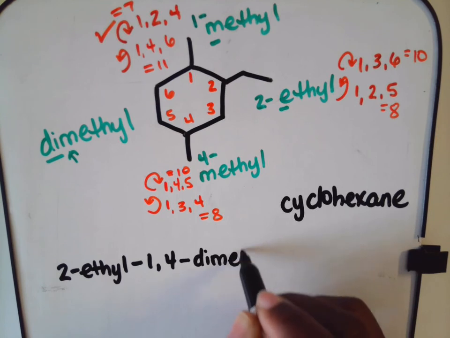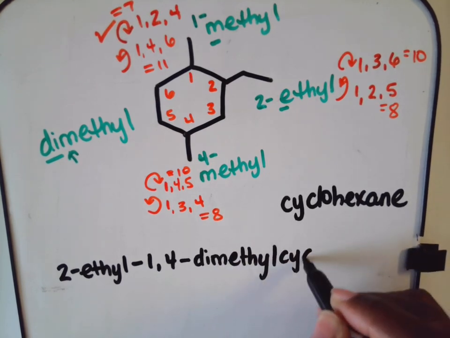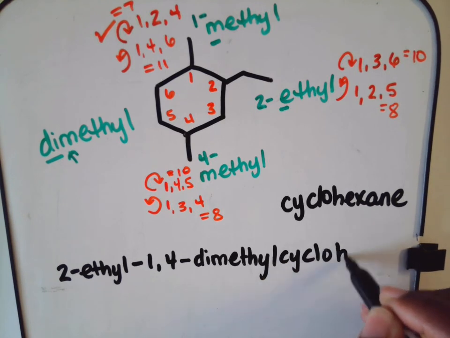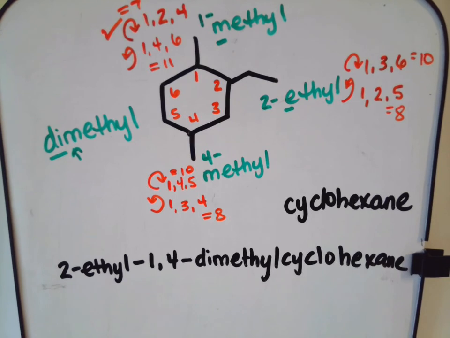And you still write it all together as one long word with no spaces to give the name of this compound, which will turn out to be 2-ethyl-1,4-dimethylcyclohexane.